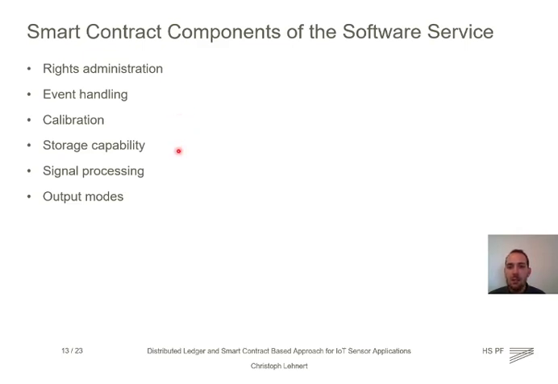The storage capability is necessary to receive new sensor data. The signal processing is for processing measured values. And last but not least, the output modes. They give the ability to report the last sensor data, contract name, or calibration status of signal processing function. With this structure, the various possibilities of a smart contract-based software service are shown.